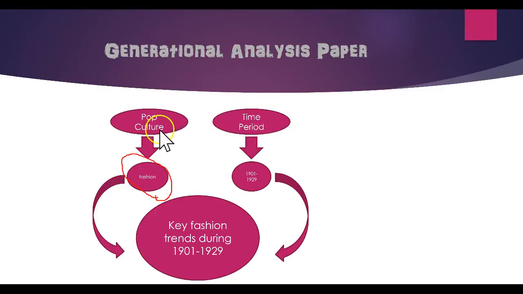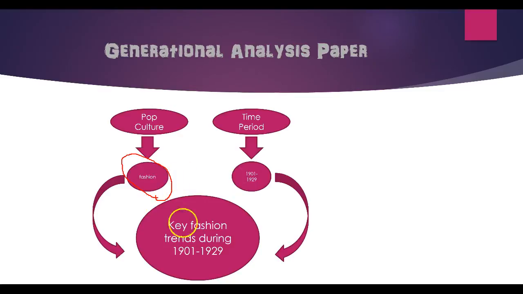Now, what you do is you select a specific kind of popular culture, in this case fashion, and you look at the age range, that coming of age era that I mentioned before, which in this case, for the first week, is 1901 to 1929. So now you've got your specific kind of pop culture, fashion. You know the specific dates you're looking at, 1901 to 1929.